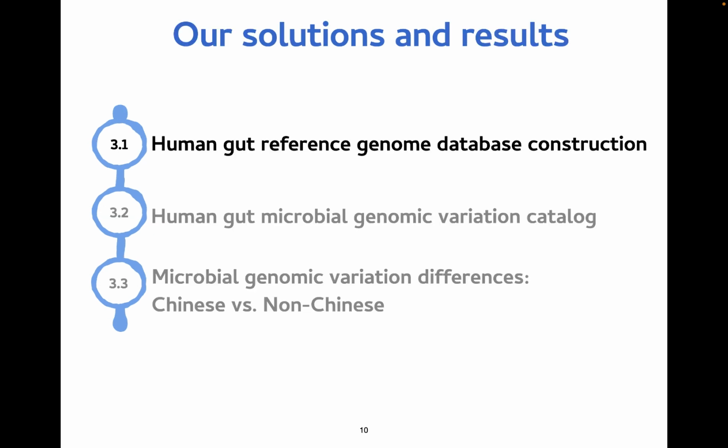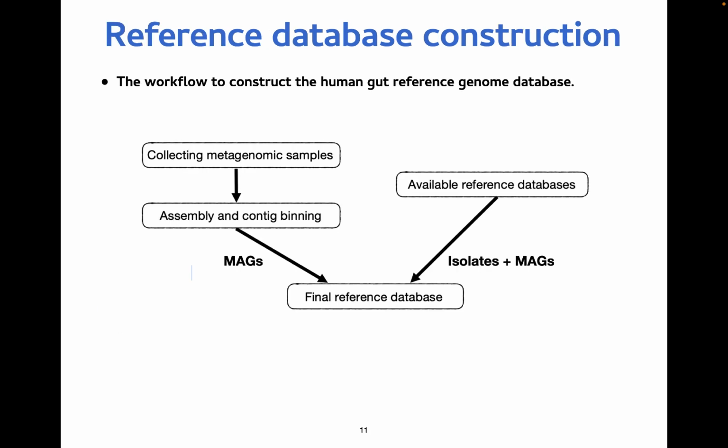Now let's come to the first section, human gut reference genome database construction. This is a workflow to construct the reference genome database. On the one hand, we collected a lot of metagenomic samples and then used these samples to generate a lot of MAGs with the assembly and concatenation pipeline.